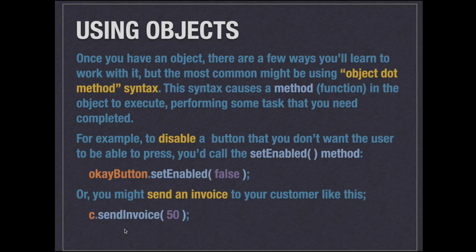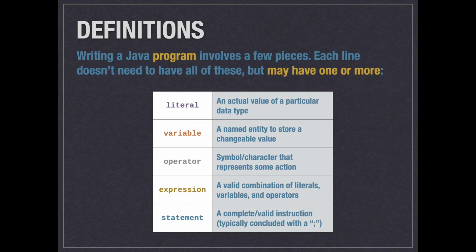But as an example, if we had a send invoice method that allowed you to send an invoice for a certain amount, maybe the syntax would be object name C from the prior slide, dot, method name, maybe you called it send invoice, and then in parentheses, maybe you pass the value of the invoice that you want to send your customer.